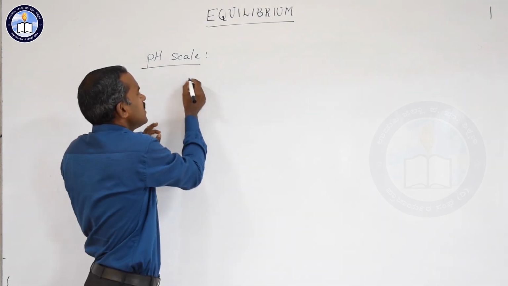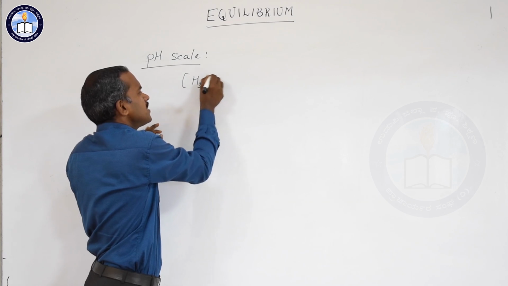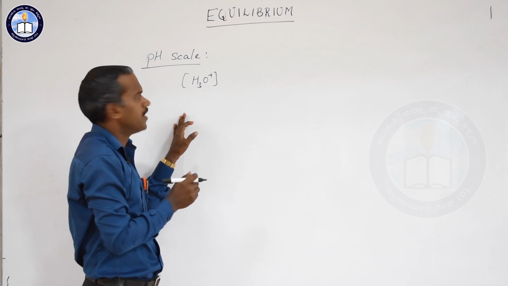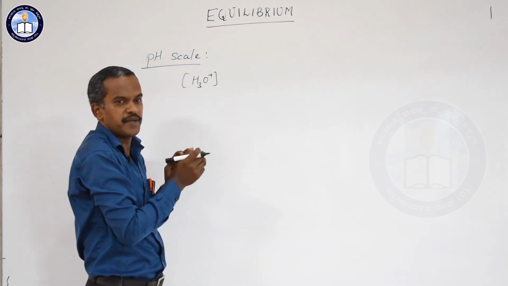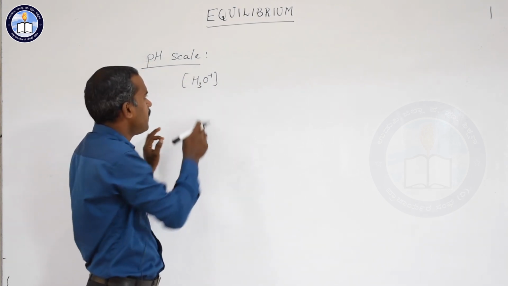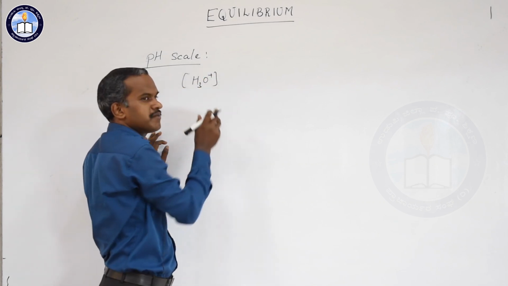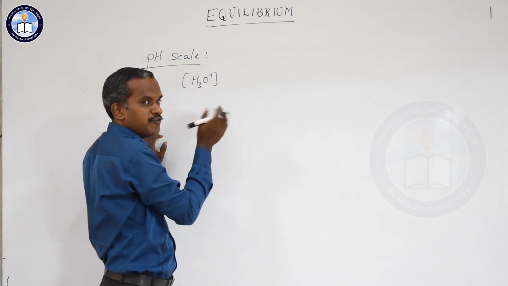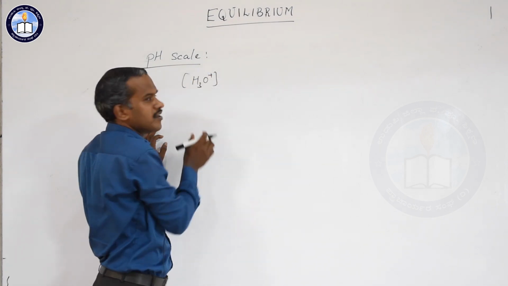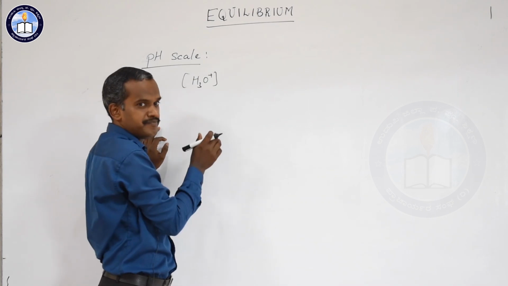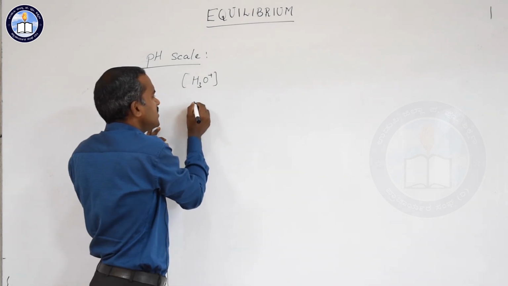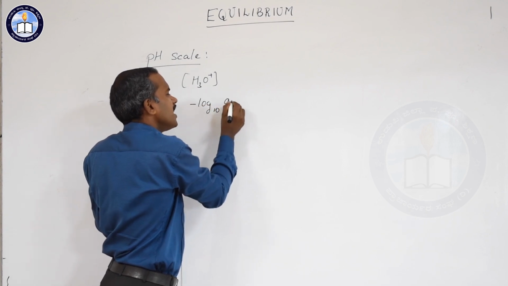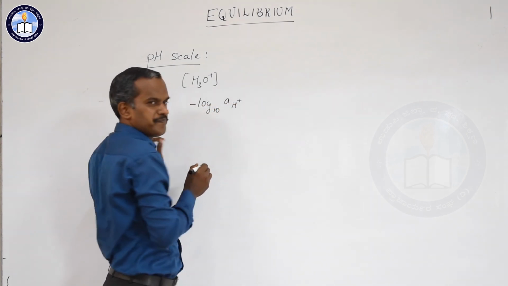But basically the hydronium ion concentration can be conveniently expressed with the logarithm scale. That scale is called the pH scale. Try to remember, hydronium ion concentration is nothing but the concentration of H plus. If you are expressing the hydronium ion concentration in the logarithm, simply I can write it as negative logarithm to the base 10 of the activity of H plus.